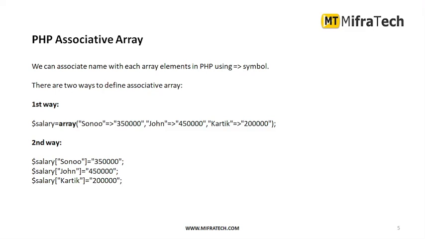When we use the second way, the salary variable name, the index name for the first element is Sono, who will get 3,50,000, and then John and Karthik. This is how an associative array will work.